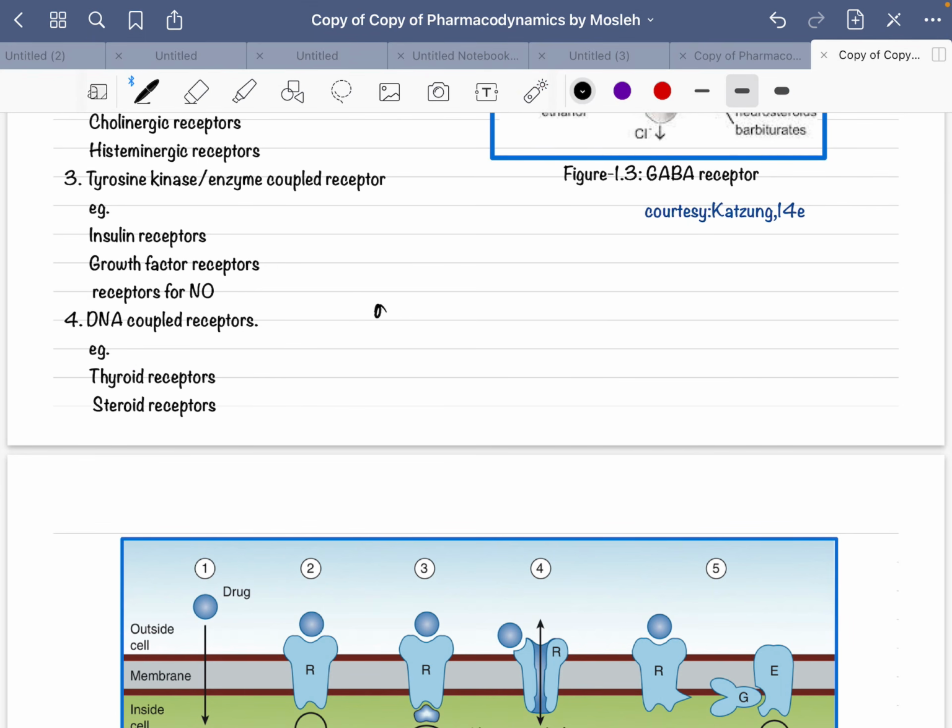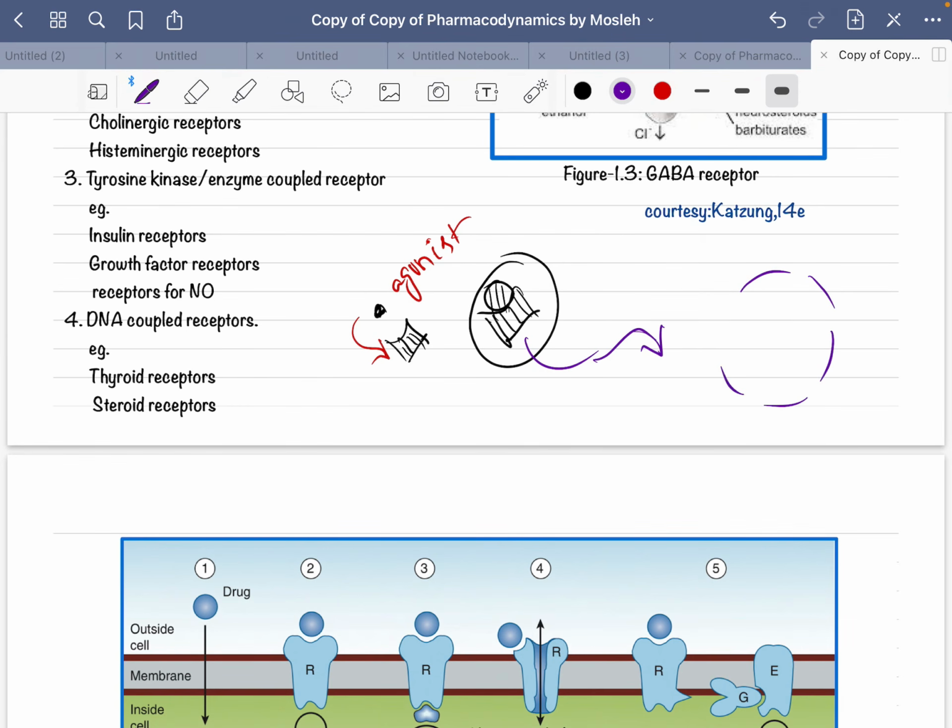Suppose this is the receptor and this is the agonist. Now the agonist binds with its receptor. Now there is an agonist receptor complex, and now it will go to the nucleus.